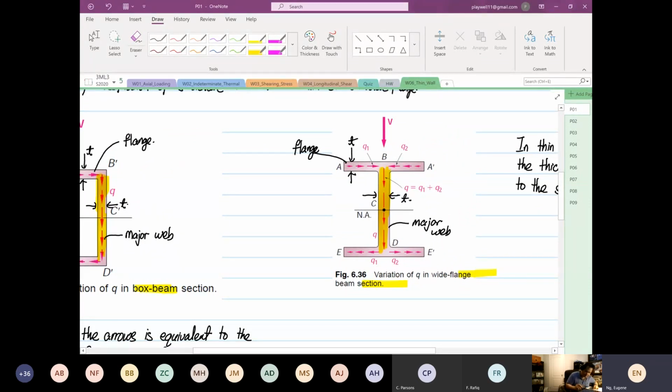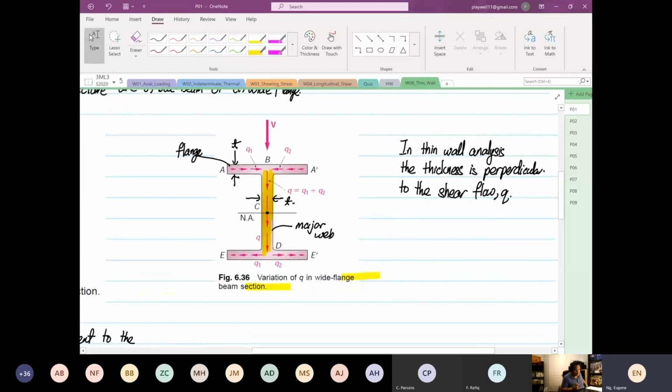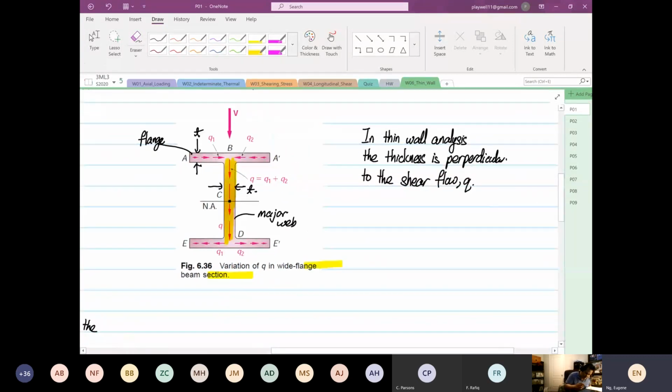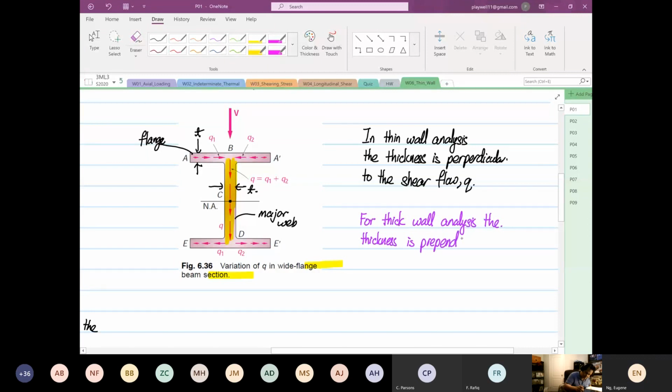Whereas for thick wall analysis, I'm going to write a different one: the thickness is perpendicular to the shear force V direction.